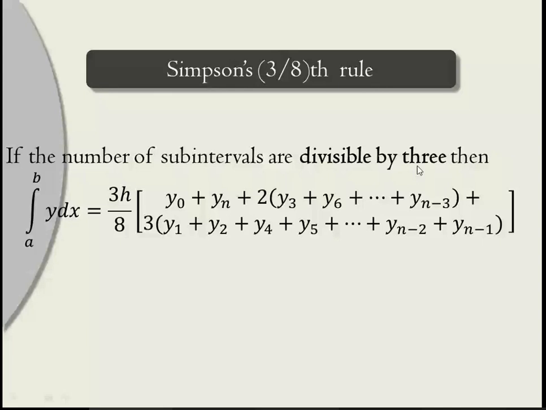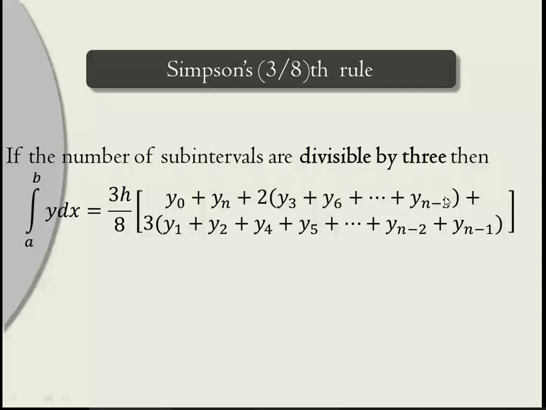Then the formula is: add the first and last values of y, plus 2 times the values of y whose suffix is divisible by 3: y3, y6, y9, y12, like that, add all those terms, plus 3 times all the remaining terms except the first, last, and those divisible by 3.